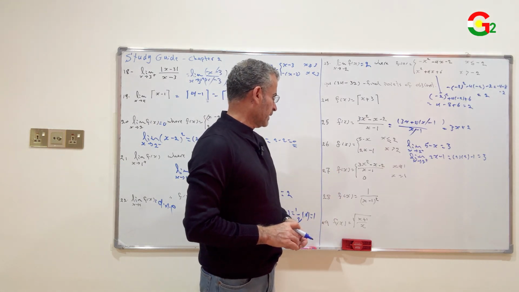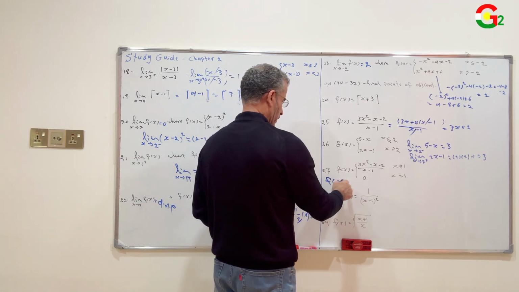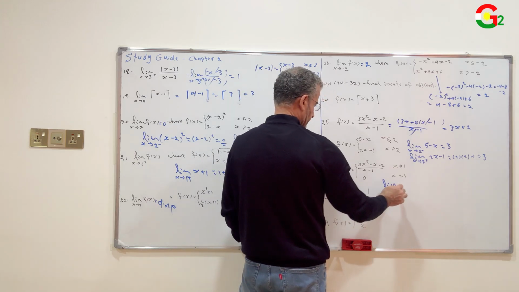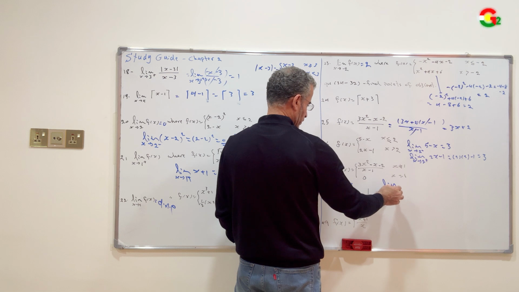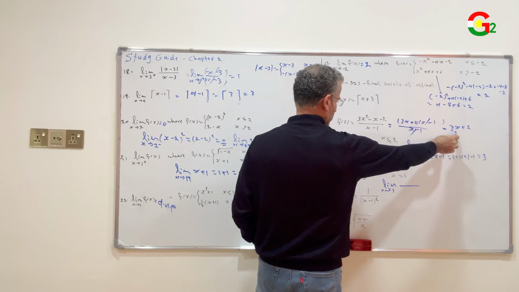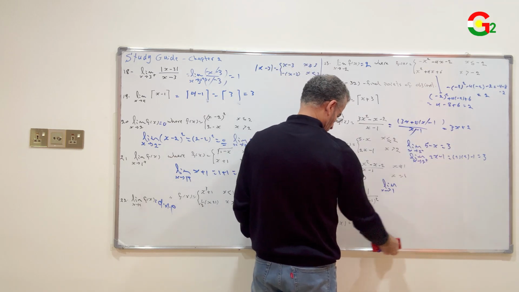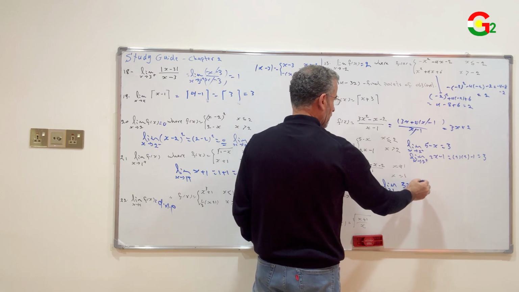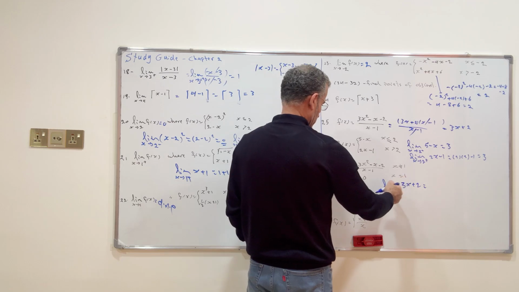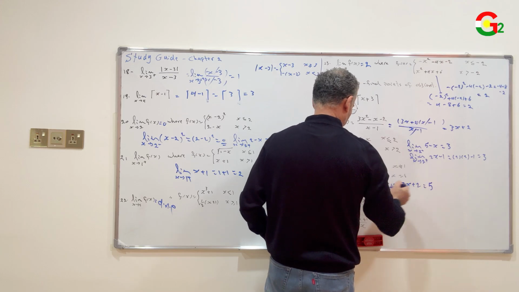Question number 27. F of 1 equals 0. Let us find the limit when x approaches 1 for this function. We already found it here. It is 3x plus 2, equal to 3 times 1, 3, plus 2, 5.